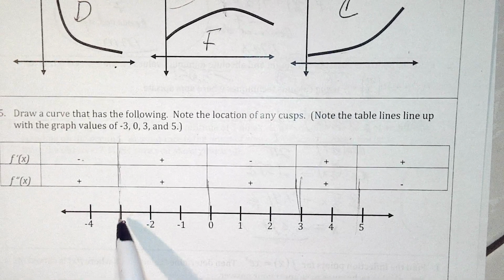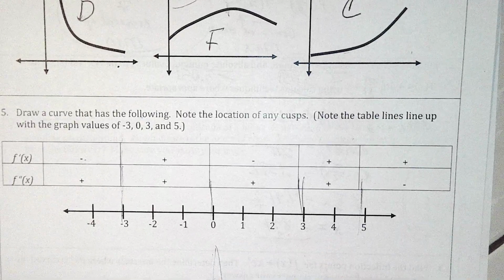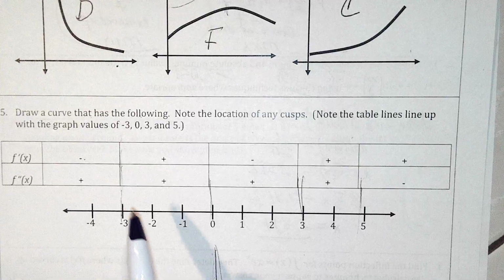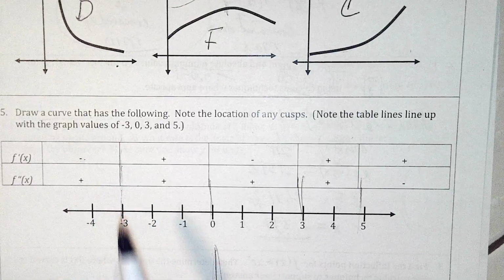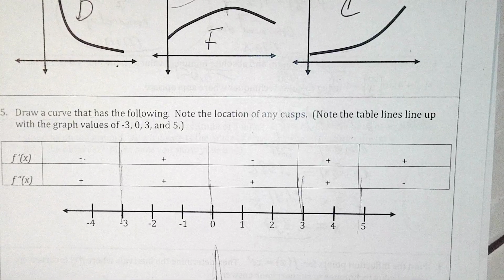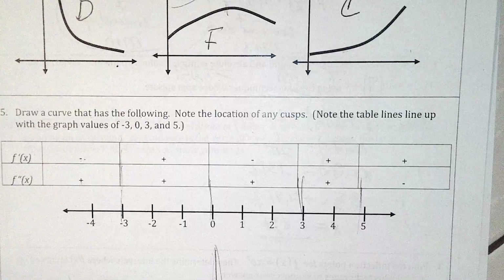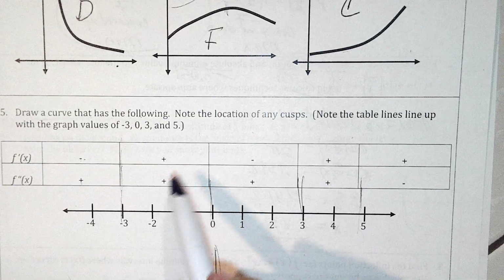So kind of imagine a graph grid down here, and it doesn't matter where we start. This is a slope, so it has a negative slope, but it's curved up. So it could be anywhere curved up with a negative slope.